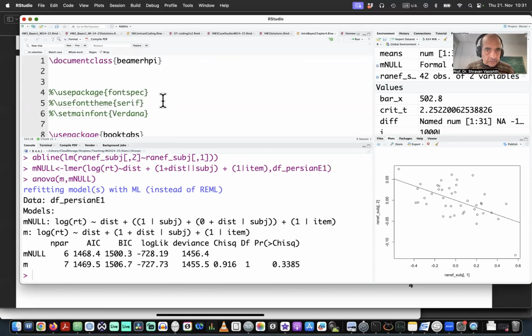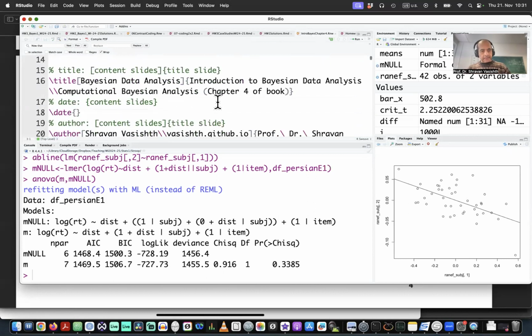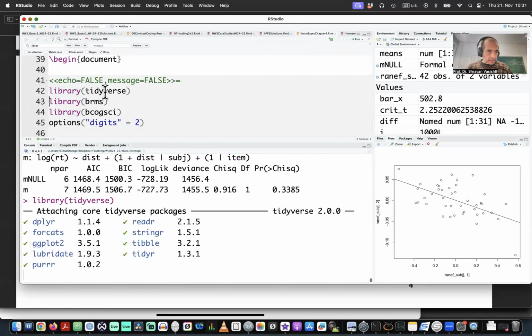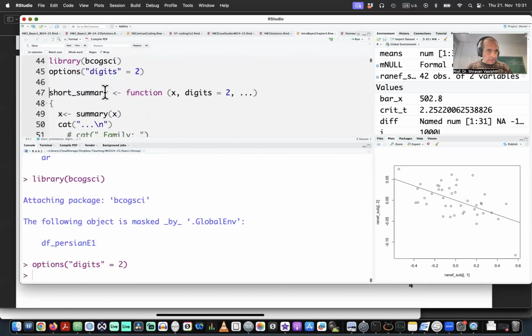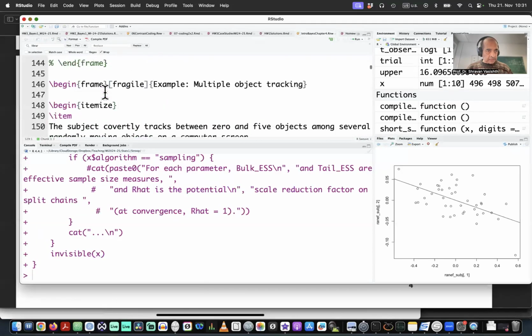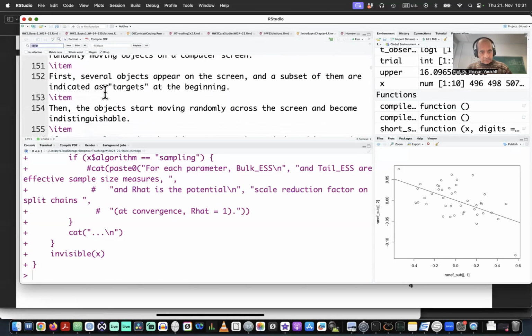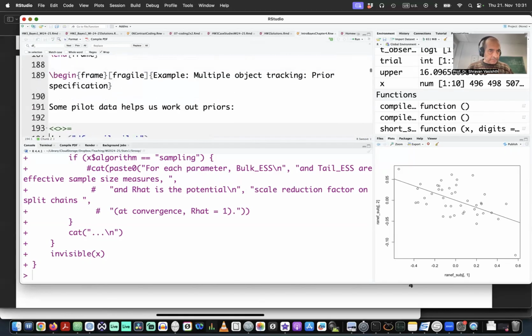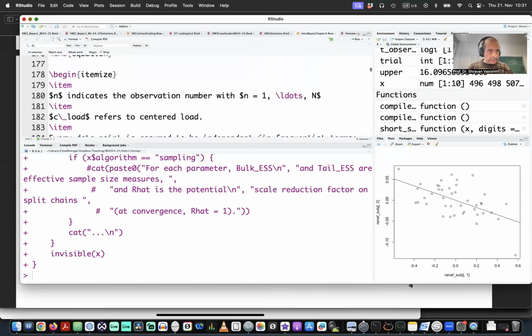This is chapter 4 here, right? So we have to load all of these in the setup here so that I can run all the functions. Here's some pilot data.